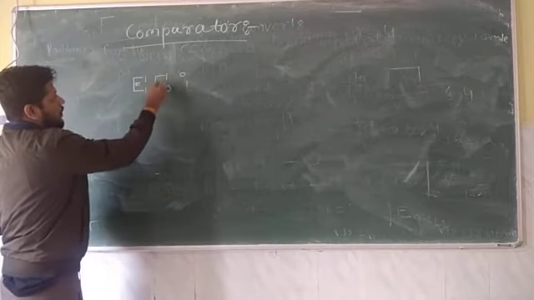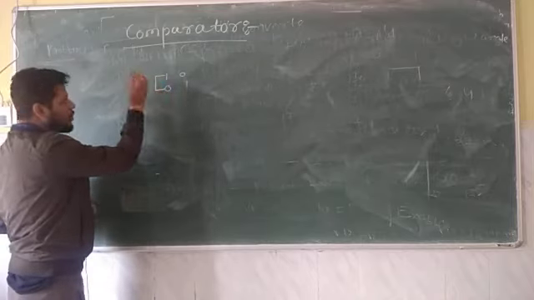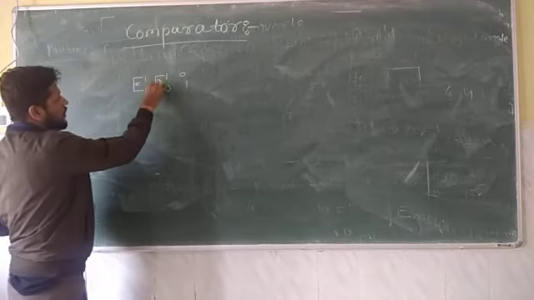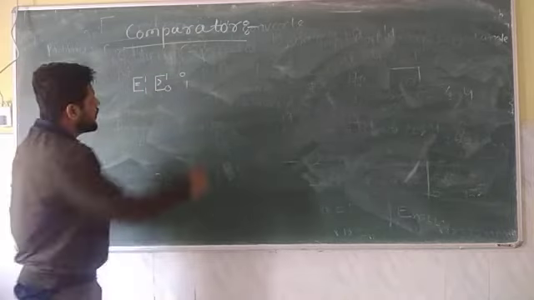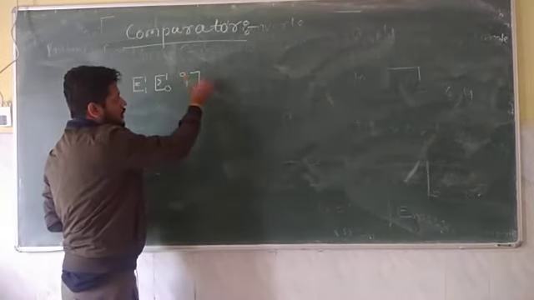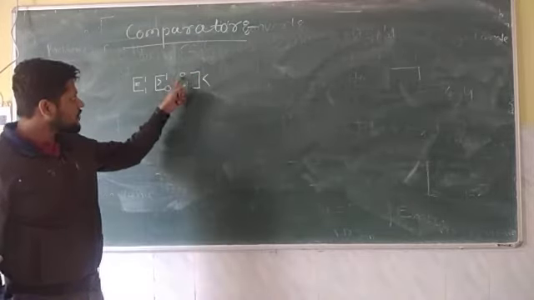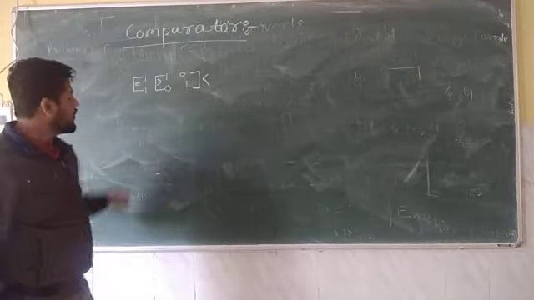Here, suppose this is bit 1 and this is bit 0. So this bit is greater than this bit. In this case, 0 and 1, if I compare these two bits, obviously 0 is less than 1.